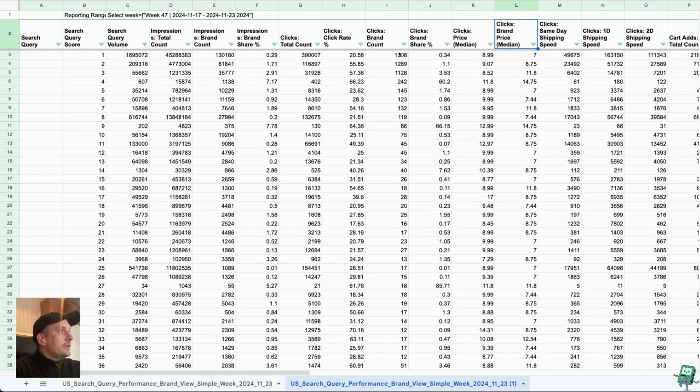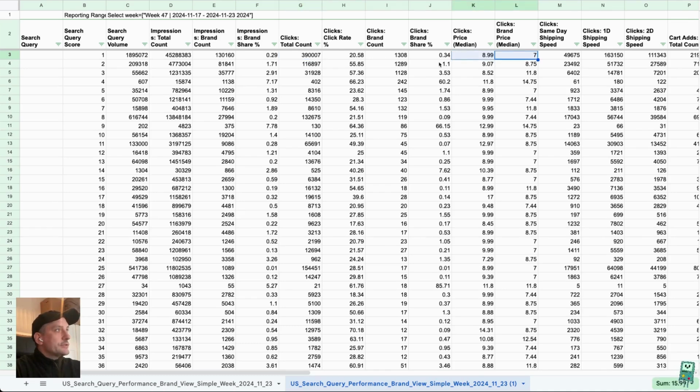We can see here we had 1,300 clicks. My median price on those clicks has been $7. So the product I was showing and that was clicked on this specific term had a median price in that week of $7. The market, however, on these almost 400,000 clicks, was $8.99.